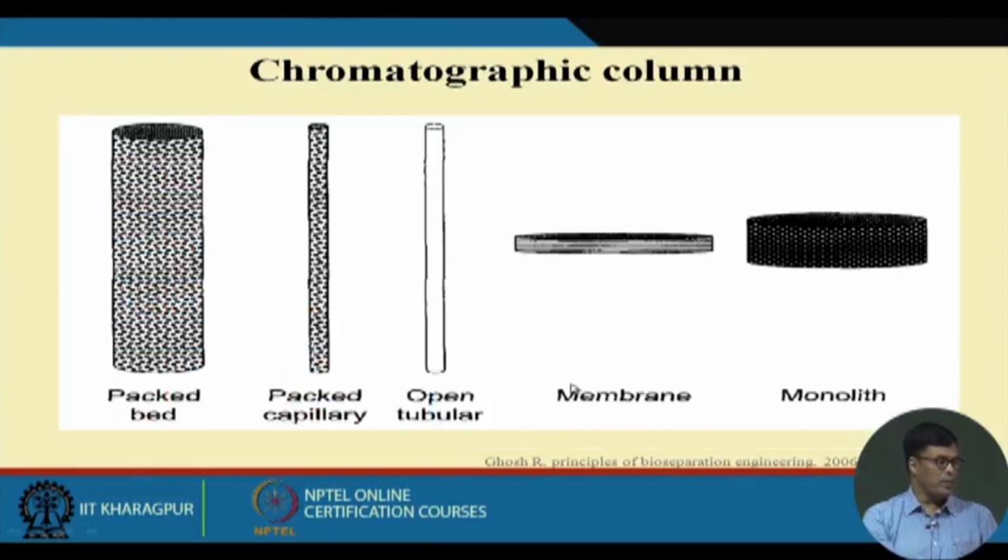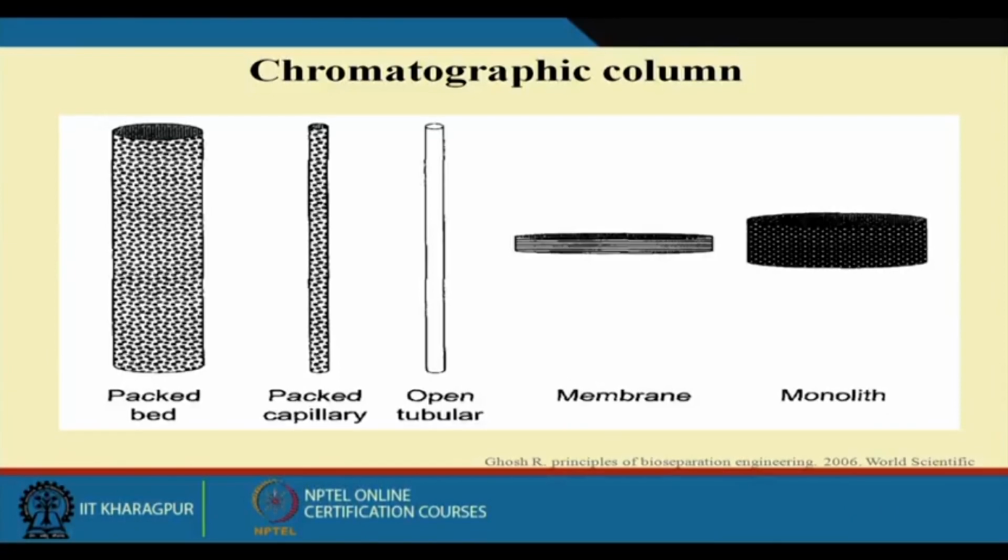Now, the characteristics of the materials are different. There are two types of column we mostly use. One is called the packed column, and another is the capillary column.